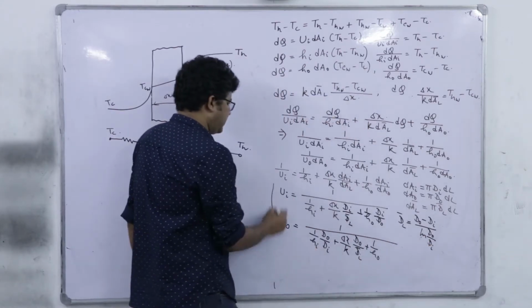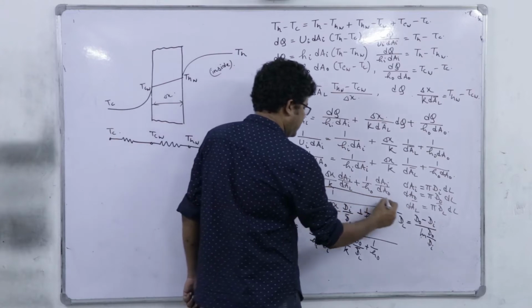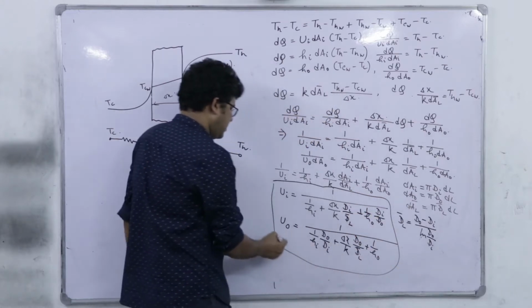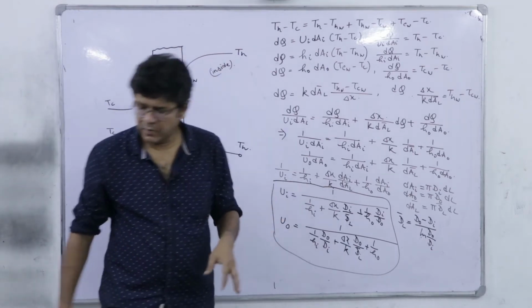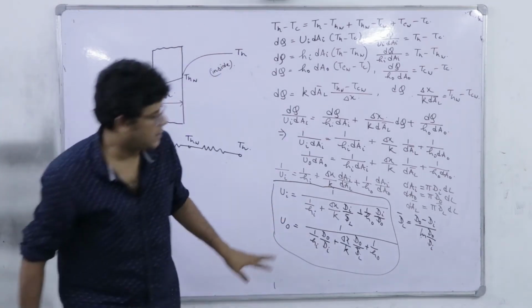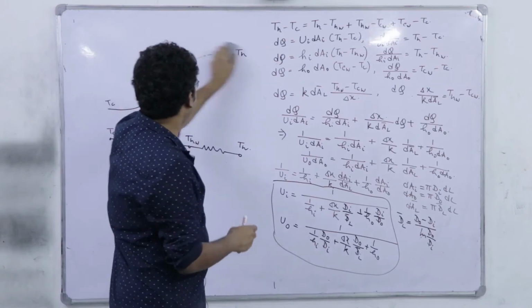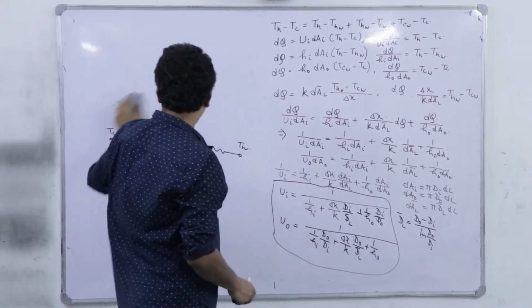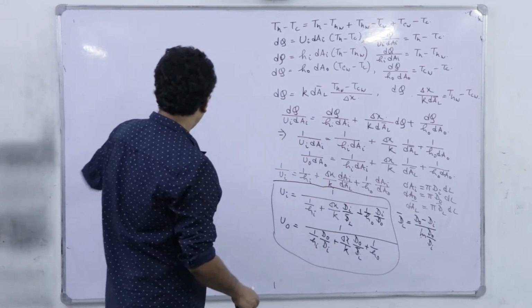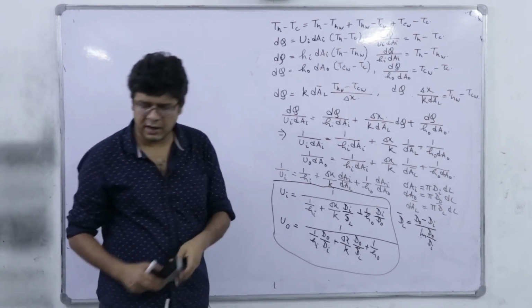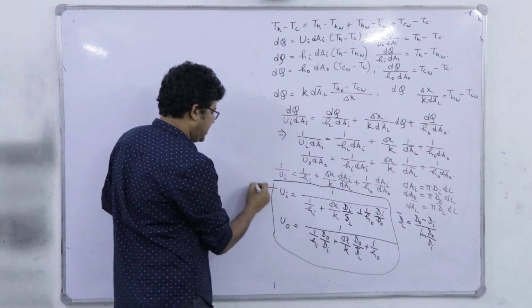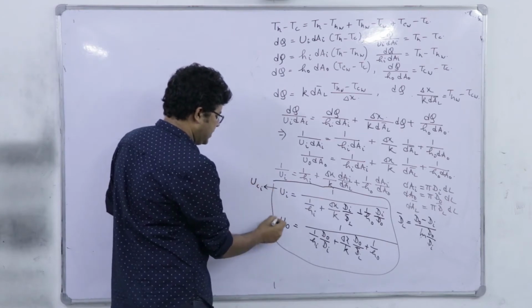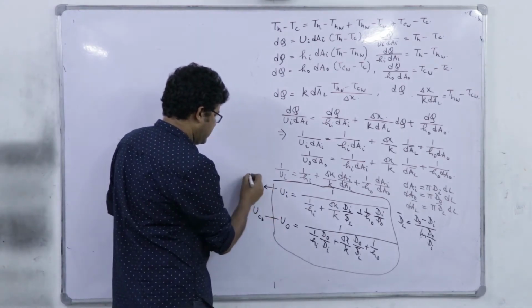So these two expressions, specifically, that is not everything, because we will discuss it. These two expressions of U are called clean overall heat transfer coefficient, right. Alternatively that is written as UCI and UCO.